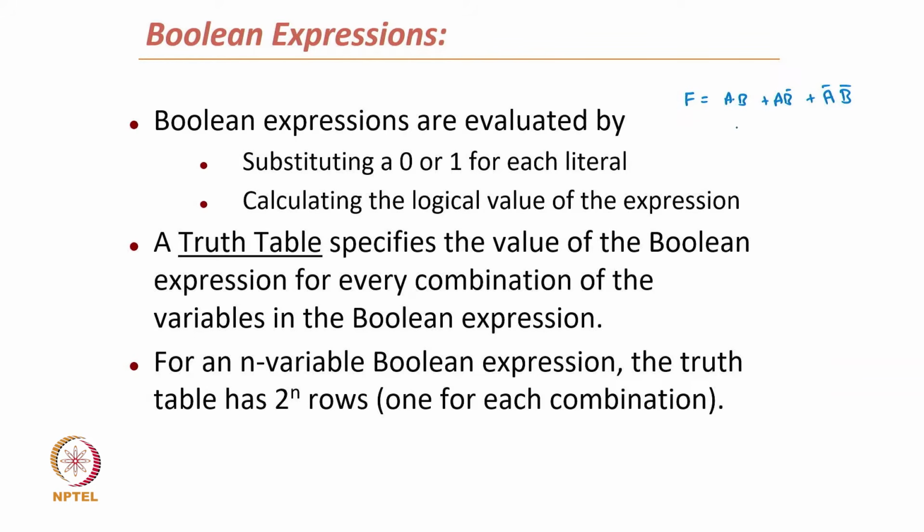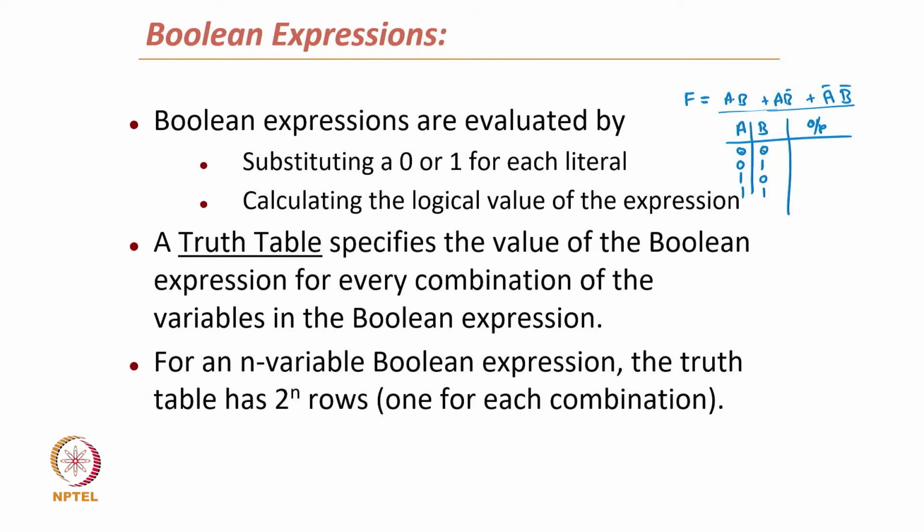We have 2 literals, A and B. We take all the possible combinations of A and B and compare with the output. There are 2 inputs, so there will be 4 possible combinations: 0 0, 0 1, 1 0, 1 1. Substituting a 0 or 1 for each literal, we can calculate the logic value of the expression.